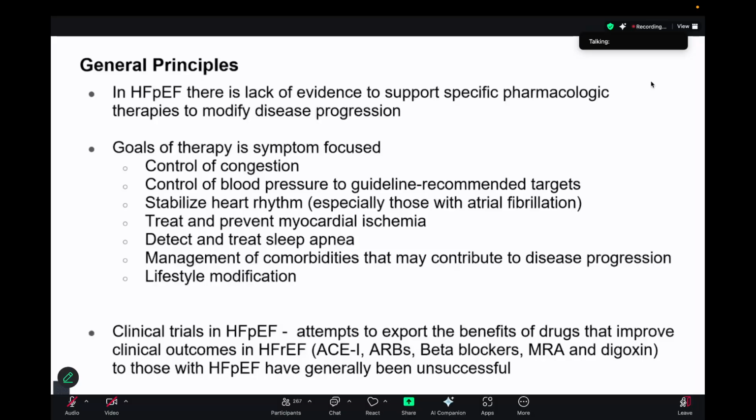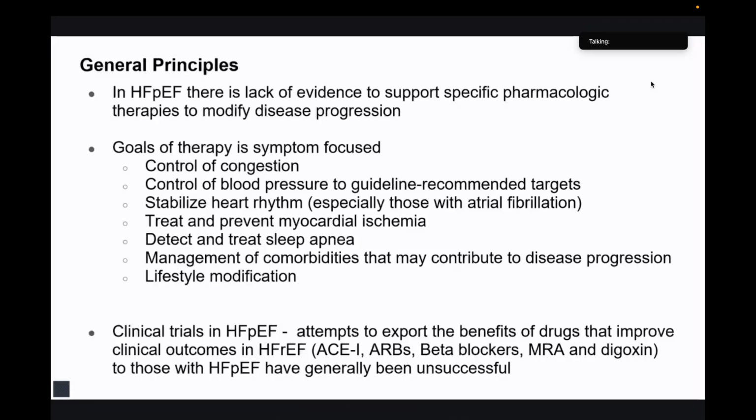If they have myocardial ischemia, treat and prevent MI. If there is sleep apnea, detect and treat the sleep apnea. Basically, manage comorbidities that may contribute to disease progression and encourage healthy lifestyle.